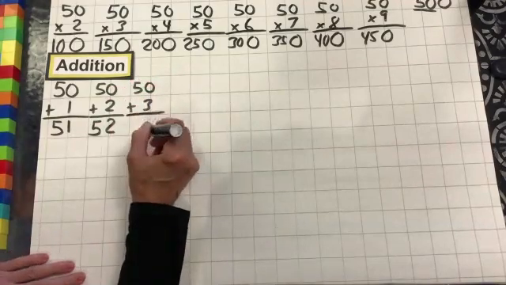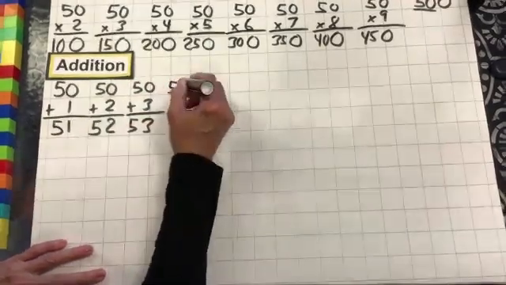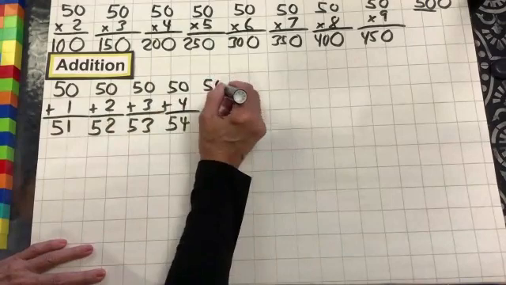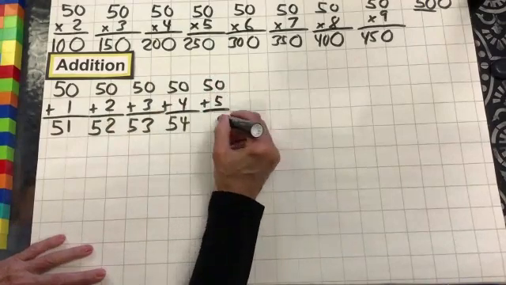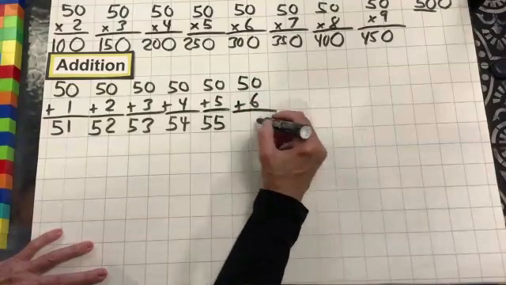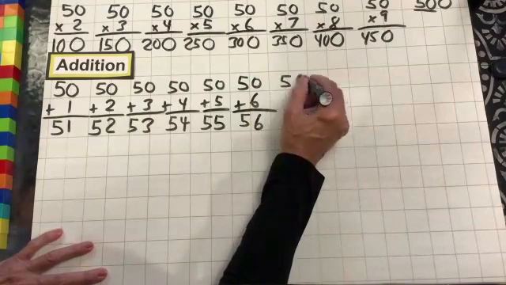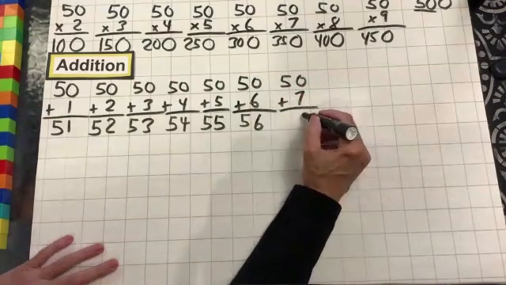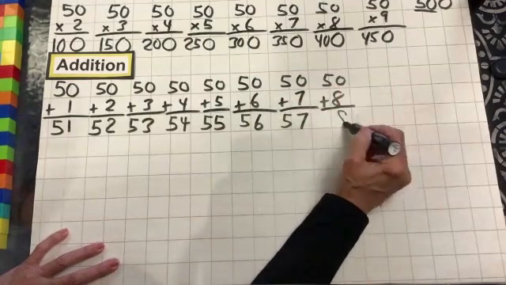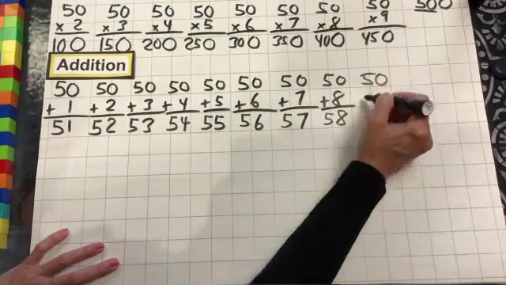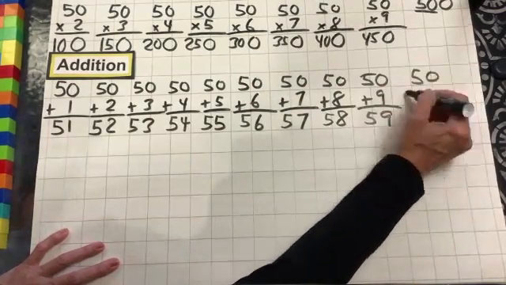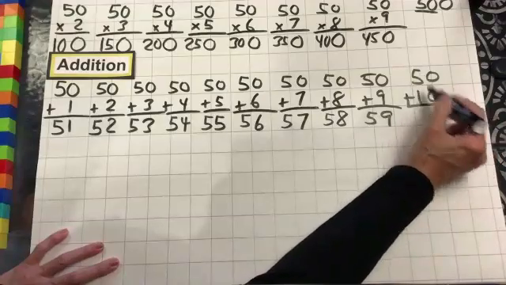This should be so easy. 0 plus 3 is 3. 5 plus nothing is 5. 50 plus 4. 0 plus 4 is 4. 5 plus nothing is 5. 50 plus 5. 0 plus 5 is 5. 5 plus nothing is 5. 50 plus 6. 6 plus 0 is 6. 5 plus nothing is 5. 50 plus 7. 7 plus 0 is 7. 5 plus nothing is 5. 50 plus 8. 0 plus 8 is 8. 5 plus nothing is 5. 50 plus 9. 0 plus 9 is 9. 5 plus nothing is 5. 50 plus 10. 0 plus 0 is 0. 5 plus 1 is 6.